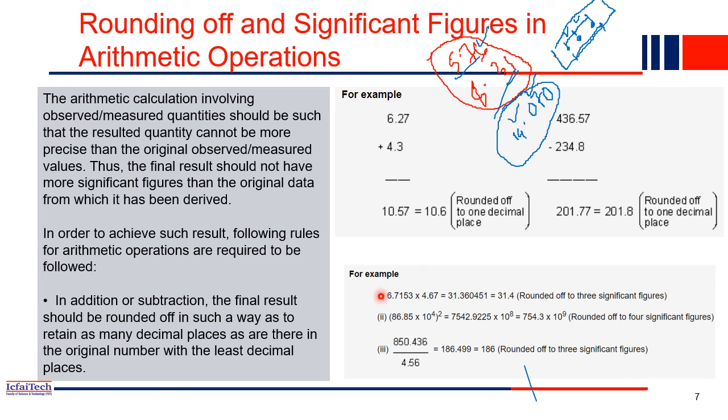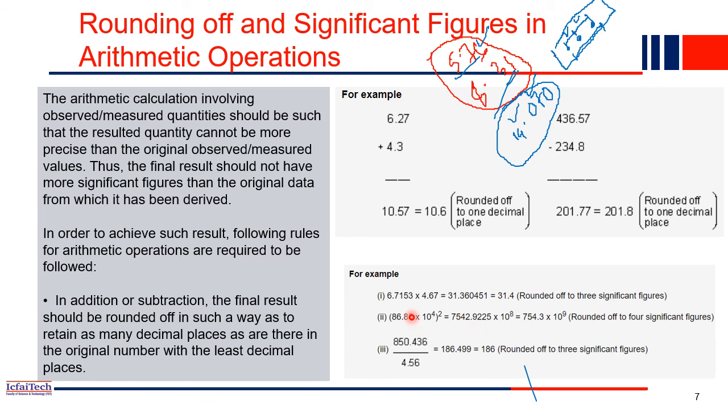This number has 5 significant figures, whereas this number has 1 2 3 significant figures, right? When you multiply both numbers, the resultant value should have 3 significant figures, not more than that, because the least here is 3. So whichever is least, we have to consider it. If you multiply, you will get a big number, but we have to consider 3 significant figures, because our least value is 3 significant figures. So 3 significant figures means 31.3, or you make it 31.4, rounded off to 3 significant figures, right?